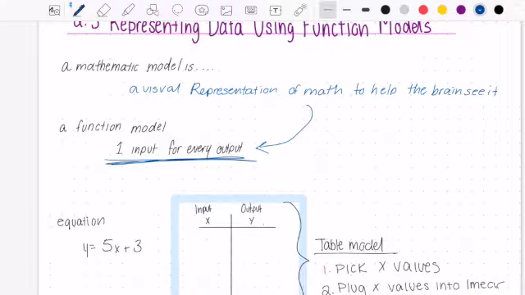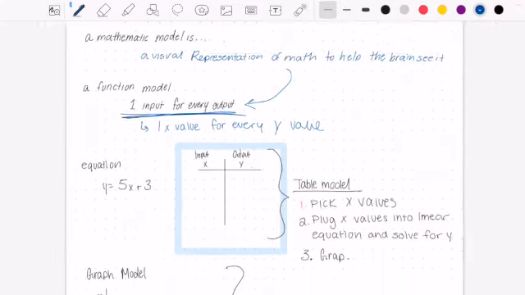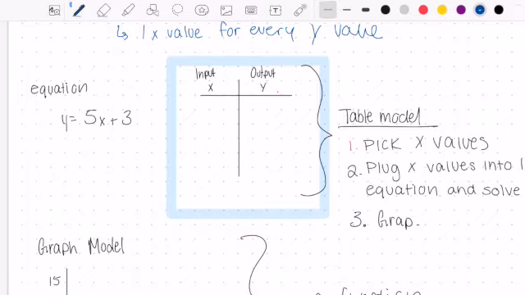And a function model is that exact same thing, but specifically one input for every output, or one x value for every y value. Okay, so using that same equation that we talked about before, I am going to start to solve for my input and output using the table model. The first thing that I'm going to do, when I'm given an equation like this, is start plugging x values in for this.